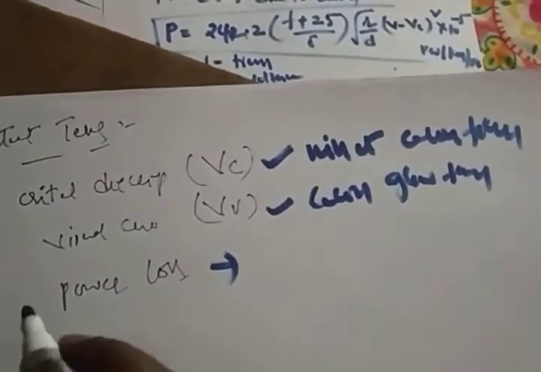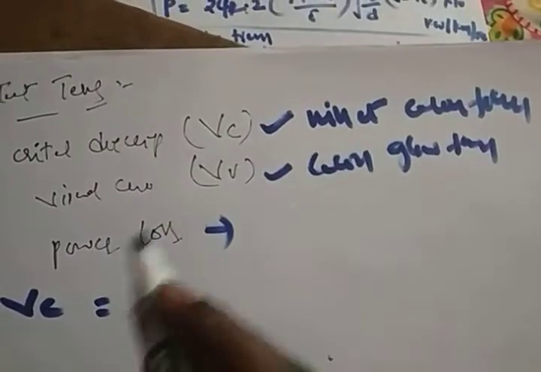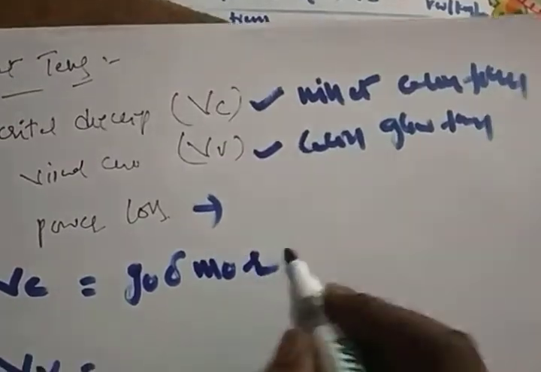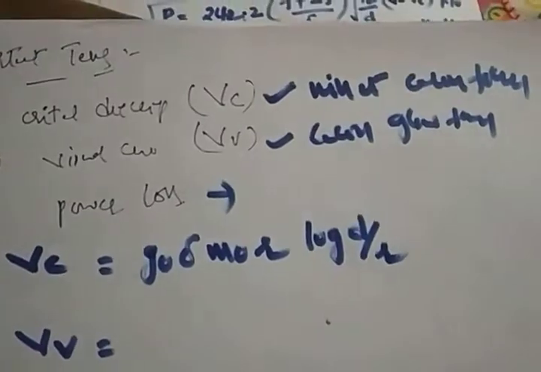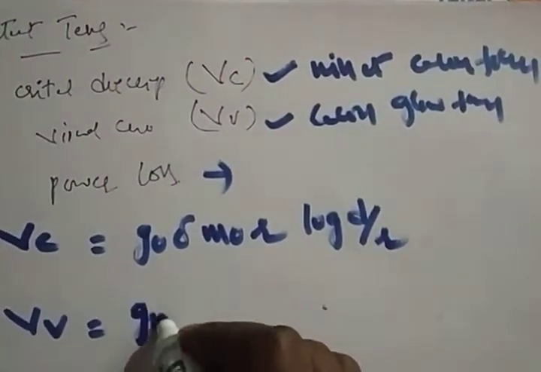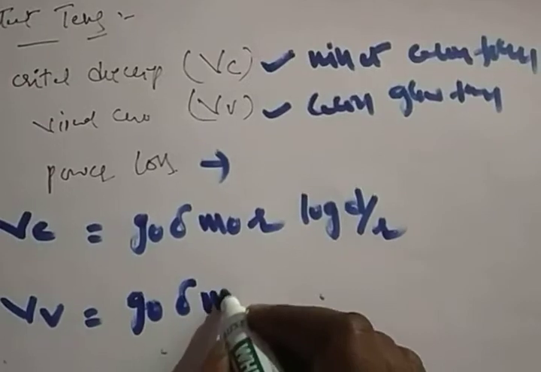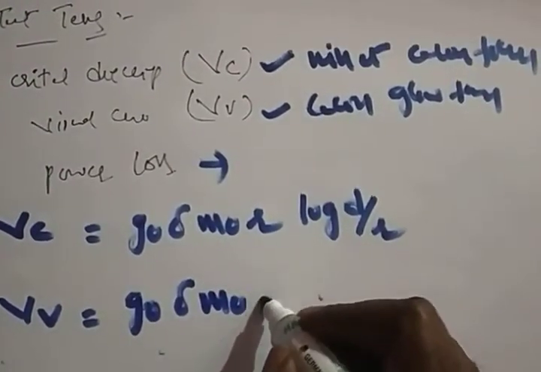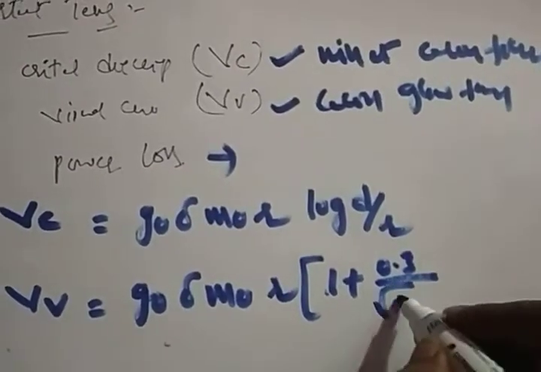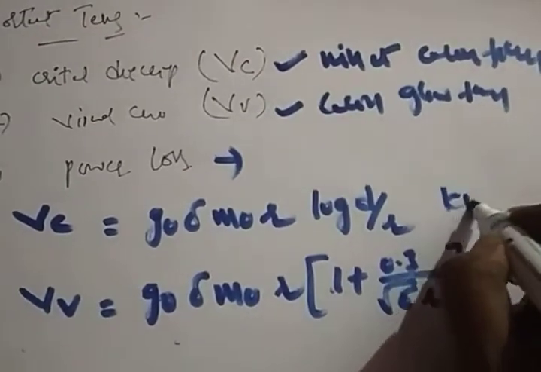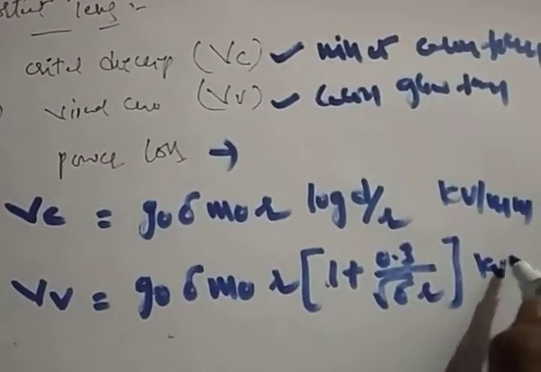So what are the formulas? Vc, Vv, and power loss. What is Vc? You know the formula: Vc = g0 δ m0 r ln(D/r). What is the formula for Vv? g0 δ m0 r (1 + 0.3/√(δr)) ln(D/r), in kV.